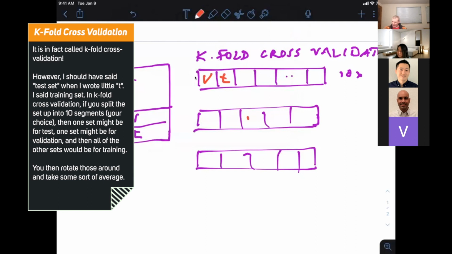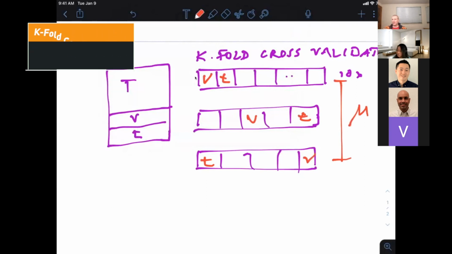The next time you run it, that's your validation and that's your training set. Next time you run it, that's your validation, that's your training set. And so basically you run through all of these, and then you take all of these and you average the results. You average your coefficients or something like that. So that's one way of doing it.